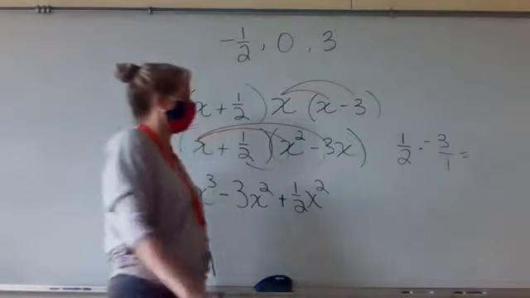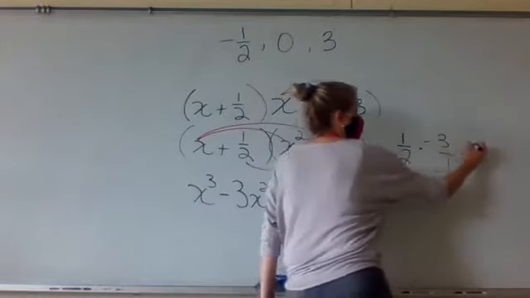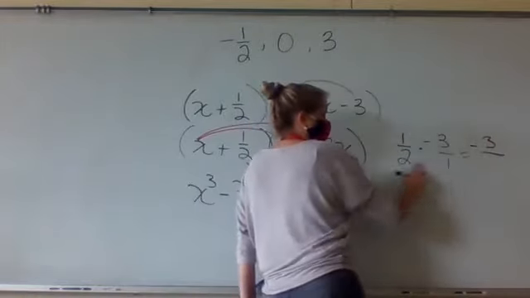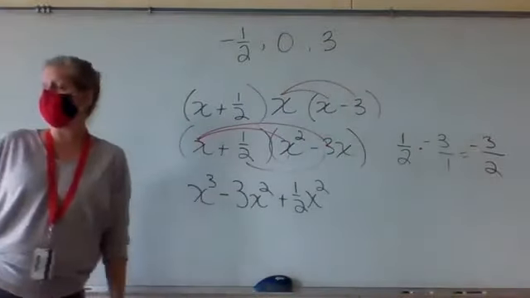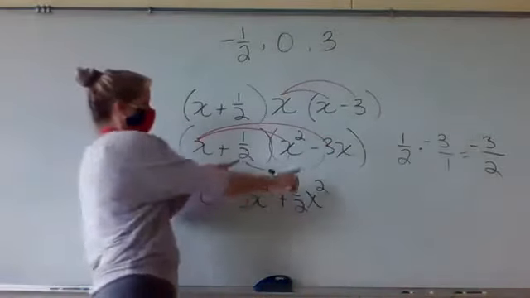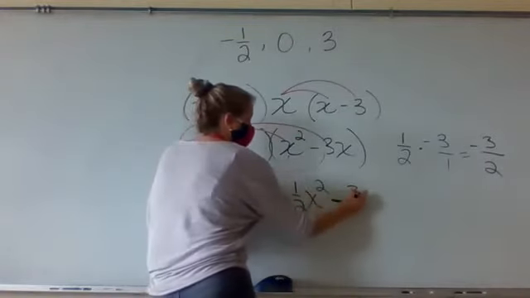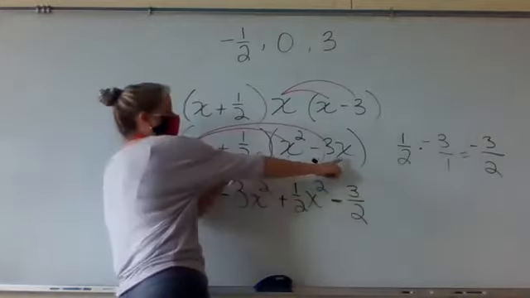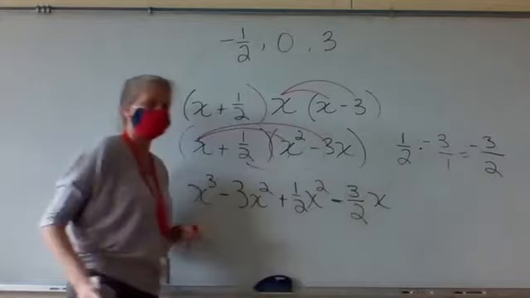You don't care about common denominators. So up top, what am I going to get? Negative 3. In the bottom, 2 times 1 is 2. So you get negative 3 over 2. So 1/2 times negative 3 gave me negative 3 over 2. And what do I have at the end of it? An x.